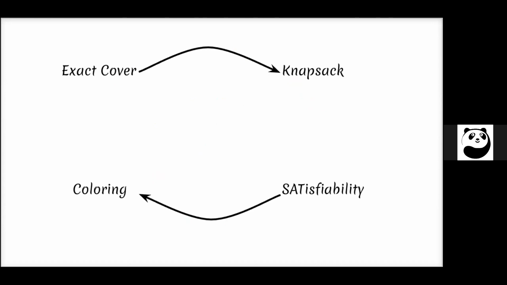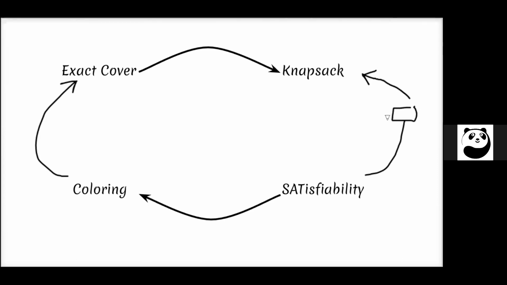So it turned out there are dozens, hundreds, thousands of these problems that can be reduced to each other. In fact, 3-coloring can be reduced to exact cover. Satisfiability can be reduced to knapsack via other problems.